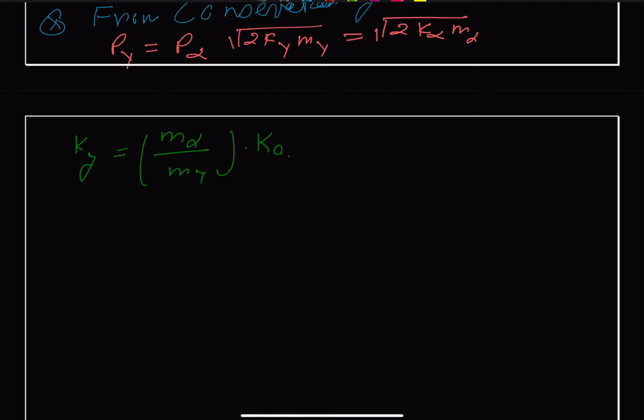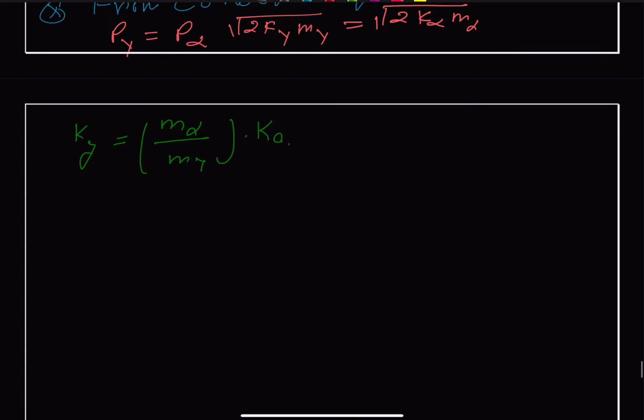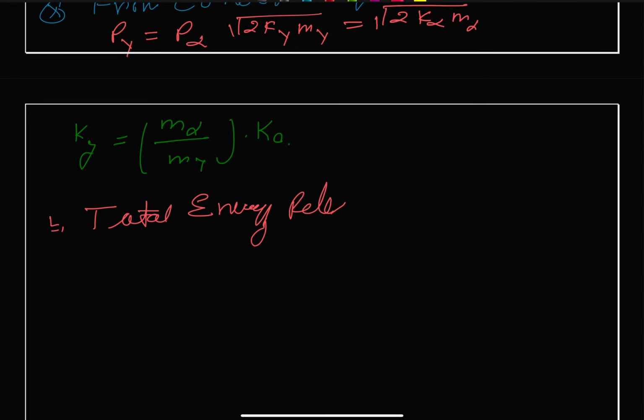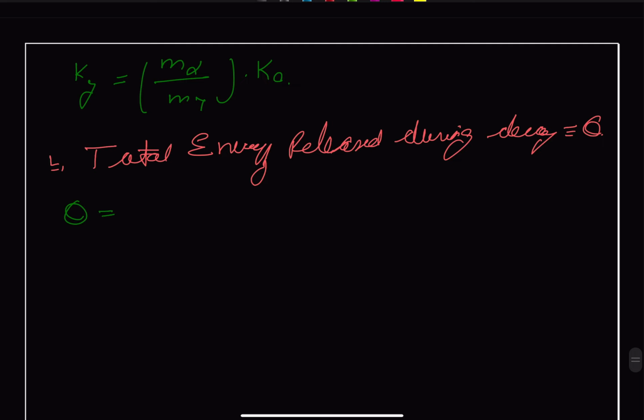You can say that the total energy released during decay, let us suppose that is given as Q, will be our energy associated with alpha plus energy associated with y, and we already know the relationship between the energy of y and the energy of alpha.